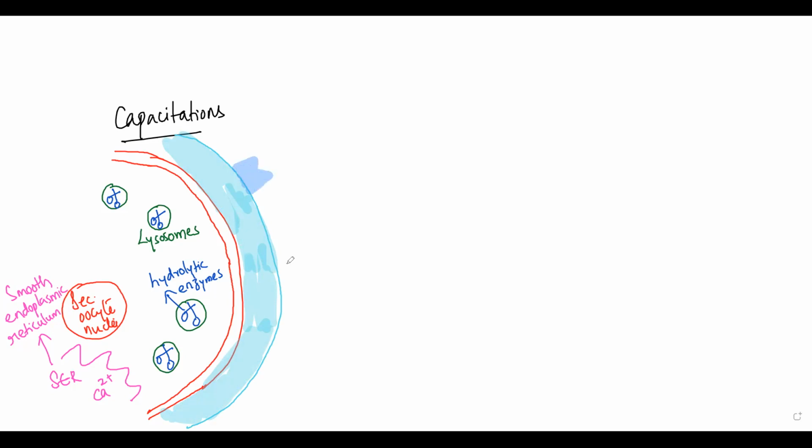So these are the receptors here, which are being called Zona Pellucida type 3 receptors. These are the species specific receptors. Okay, these are the Zona Pellucida type 3 receptors, which are species specific.